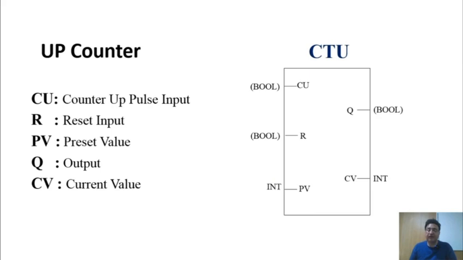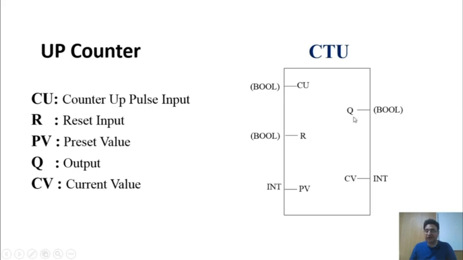This segment is commonly referred to as CV, which stands for current value, representing the present numerical state. It displays the counted value at any moment, and we can use a variable here whose data type is integer, so that every number the counter counts for us can be seen here.